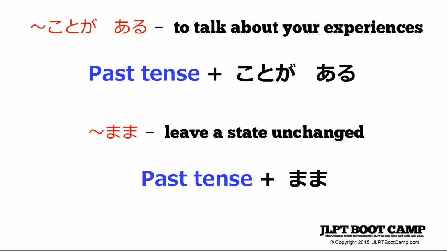We also talked about mama, leaving a state unchanged, and to use that you use past tense plus mama. And you can also use negative present tense plus mama. However, that's a lot more rare and probably won't show up on the N4 test. But just keep in mind it does exist, and you can make sentences grammatically correct with that structure. However, it's not so common. So that's it.